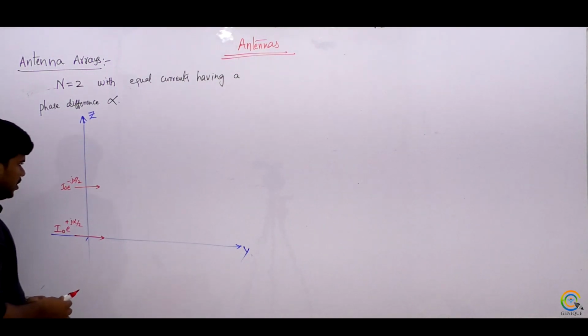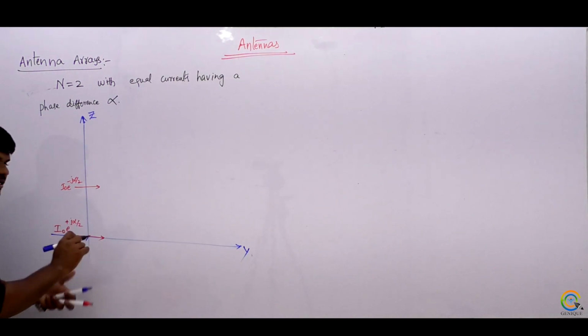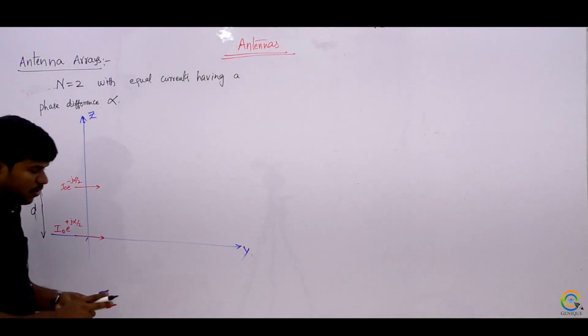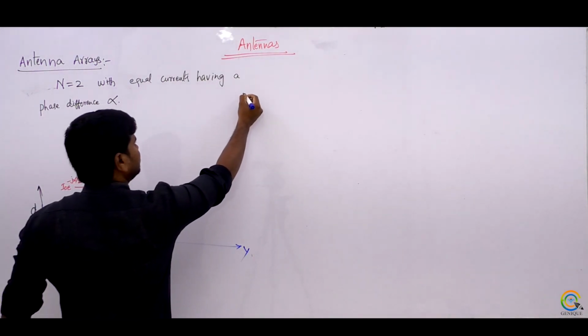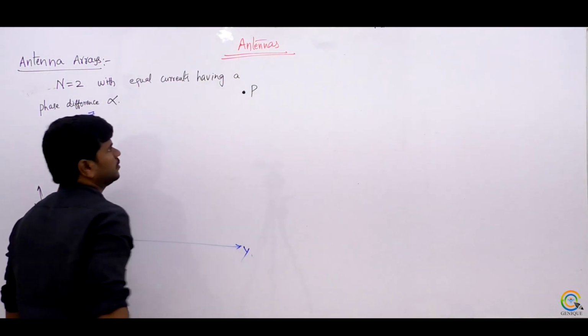Now if you observe this, these two are separated by a distance d. Let us assume these two elements are separated by a distance d. Now we want to calculate the field point at this place.